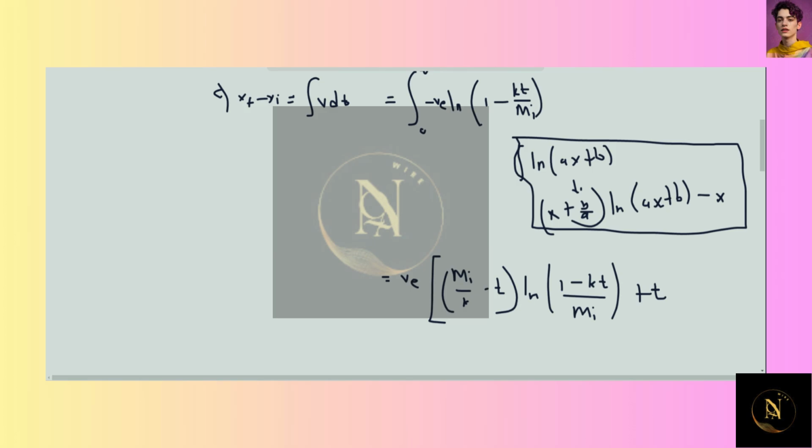Once you evaluate it, a is k over m, so 1 over a is m over k. That's why this is written this way. And the negative sign that you had before changes the sign here, and it changes the sign here into something like that. So this is your final expression for the position, which matches what you are given as well.